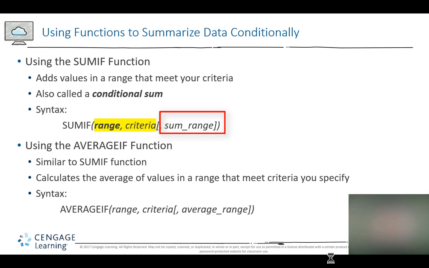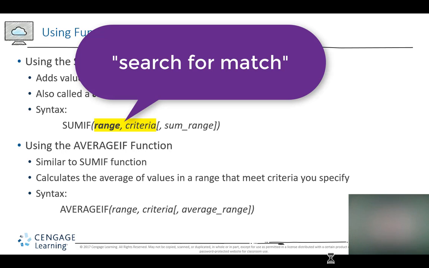Let's clarify the difference between the first and third arguments. The first argument is the range of values you're comparing one by one to the criteria. For example, in the 8.3 session, you will be summing all of the employees' salaries from a particular store. The lookup range, argument 1, will be the store, the employee's work location.